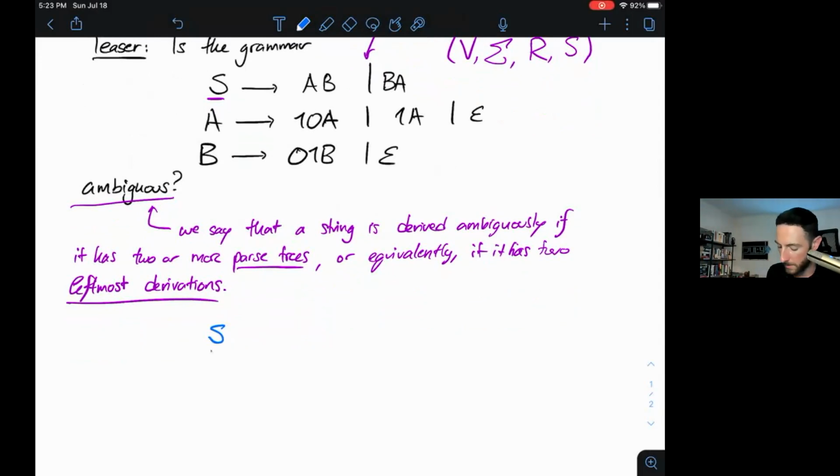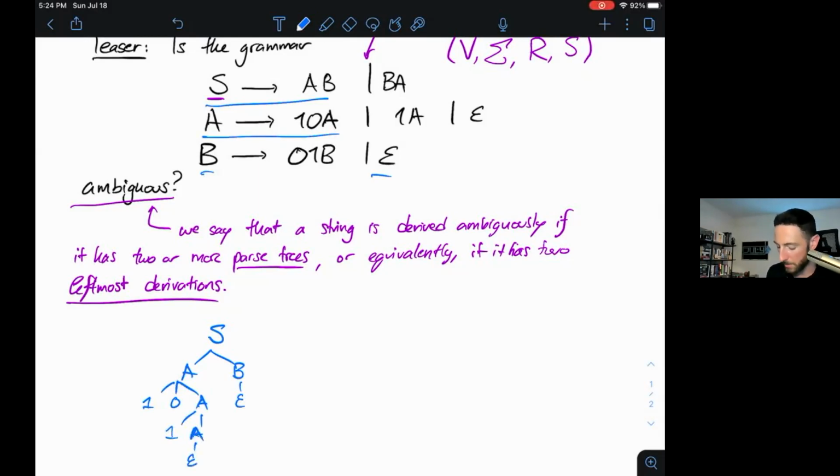For instance, I could start with S. I could use the rule S to AB to get two more branches, and then I continue to substitute variables until I reach terminals at every leaf of my tree. For instance, I could use the rule A to 10A, B to empty string, A to maybe 1A and A to empty string.